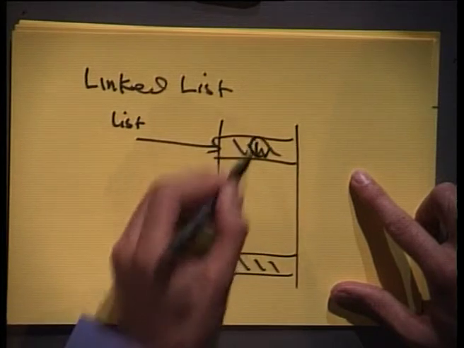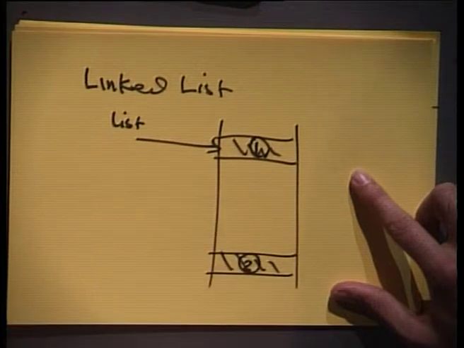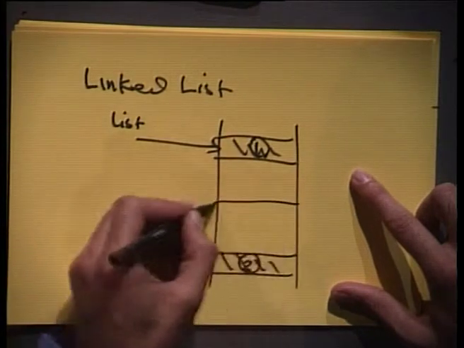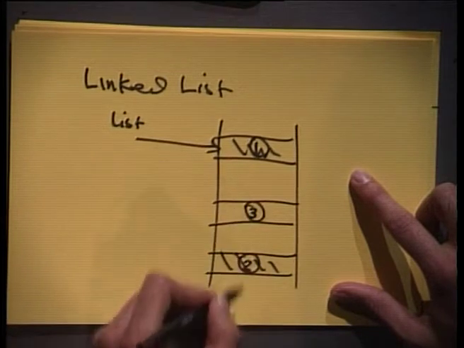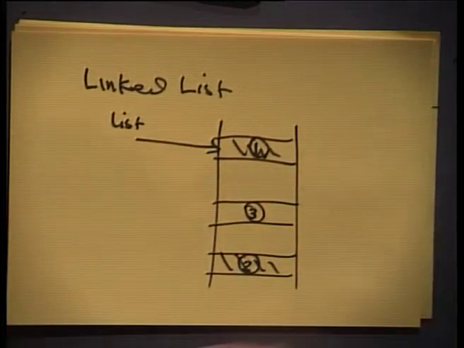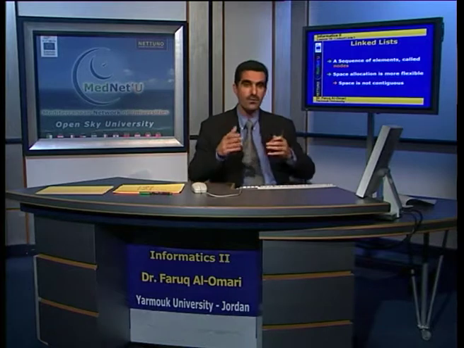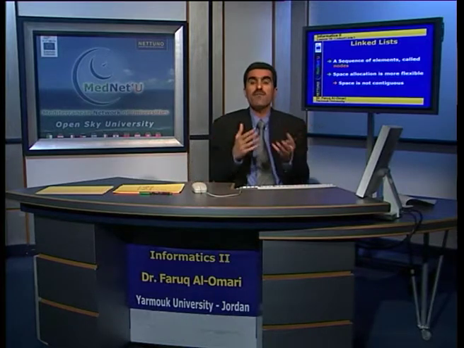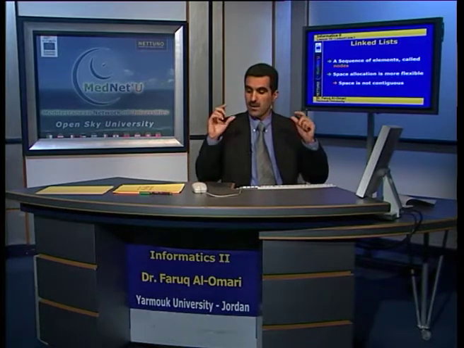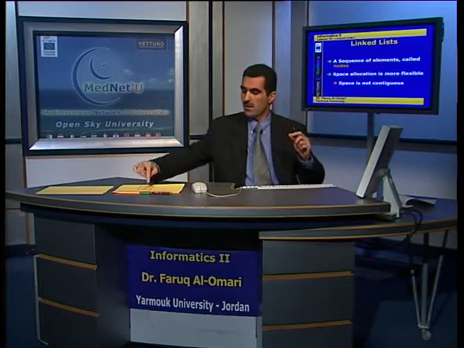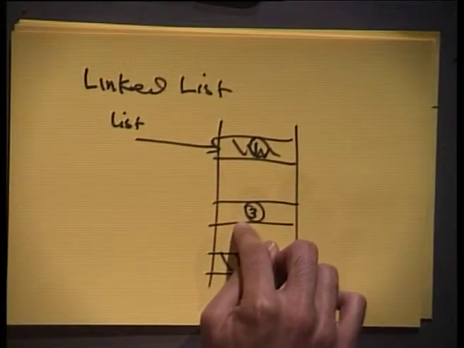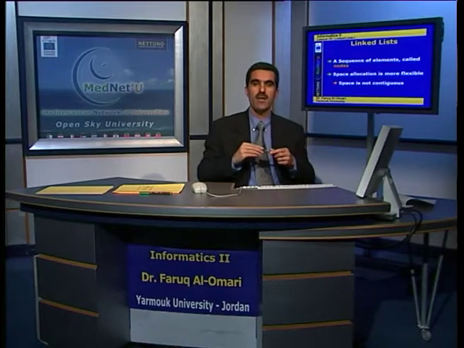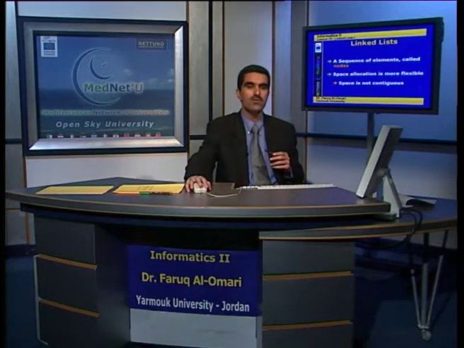So this is node number 1. This could be node number 2. And node number 3, I don't know, maybe somewhere here. 4, 5, anywhere in the memory basically. So I could go back and forth in the memory wherever there is enough available space to allocate for one entry in the list, then I will just allocate it. It doesn't have to be contiguous.